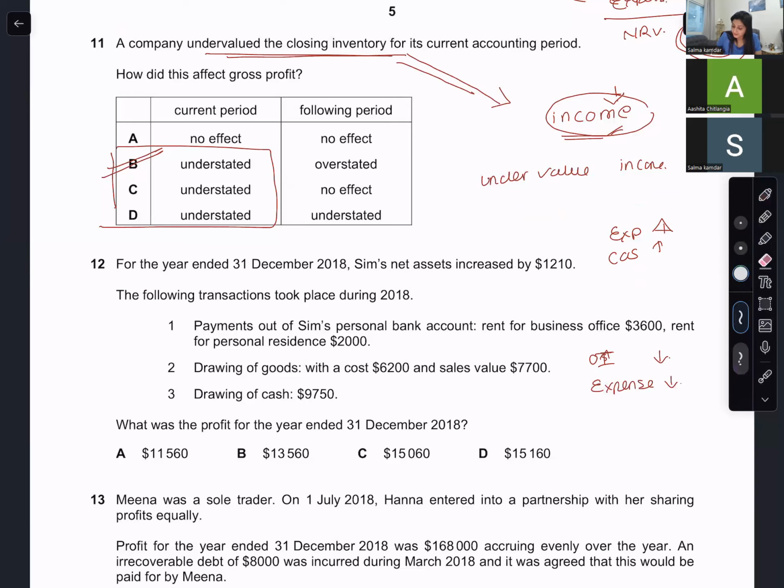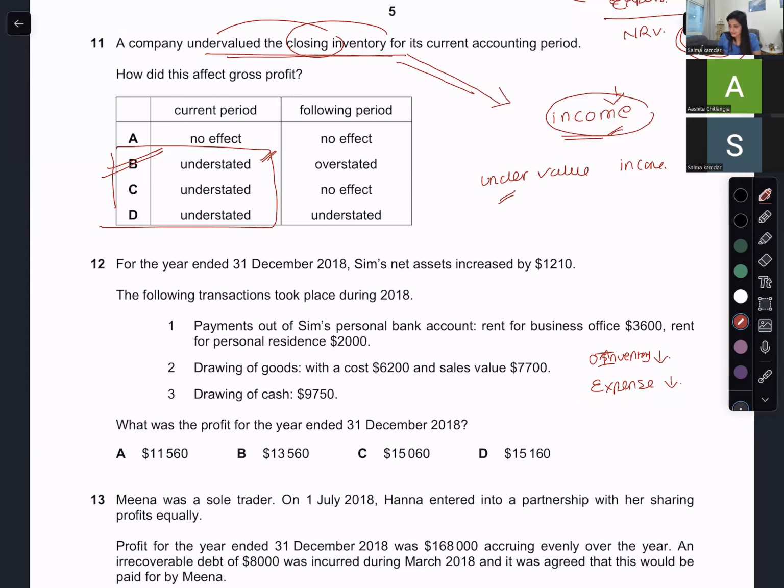For the current year, the closing inventory is undervalued, so gross profit is understated. In the following period, the opening inventory is understated, right? Yes, because the closing inventory is undervalued, it will be understated.